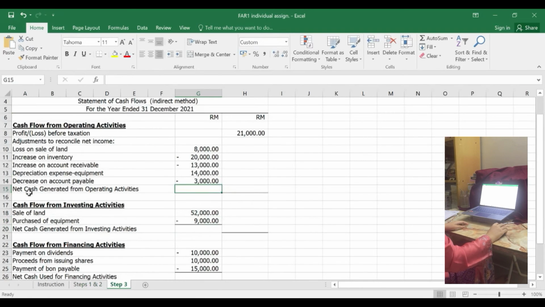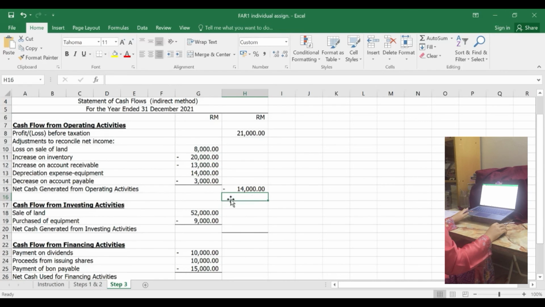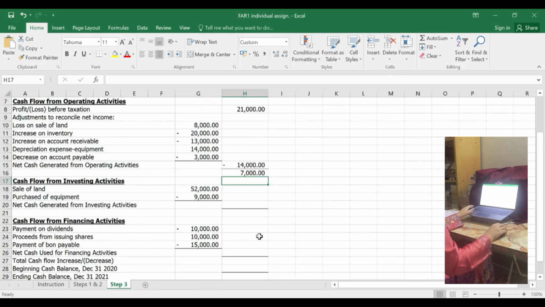And last, we have to total up everything. Net cash generated from operating activity is negative 14,000, and we have to add on to the profit before taxation. And we get a total of 7,000.